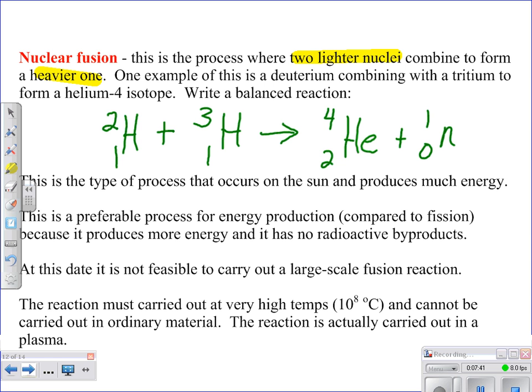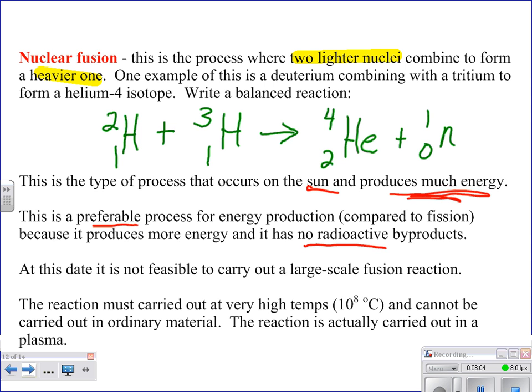And this is the process that we know occurs on the sun, and it produces a lot of energy. In fact, it produces a great amount of energy, and if we were to think about the byproducts, it's a preferable process because there's no radioactive byproducts and it produces more energy.